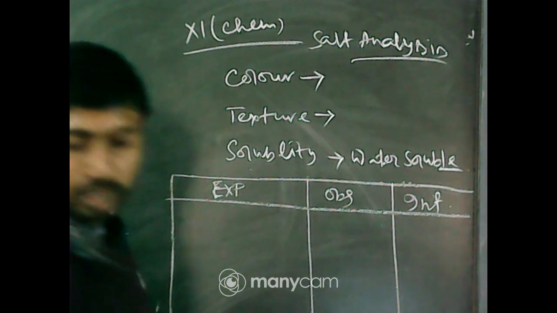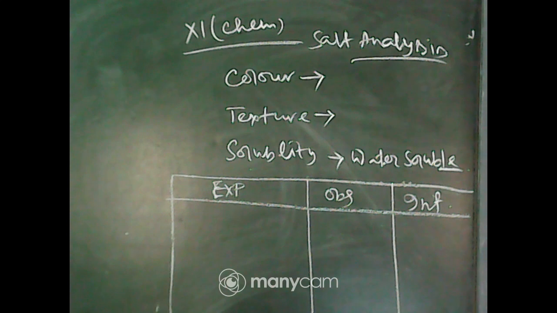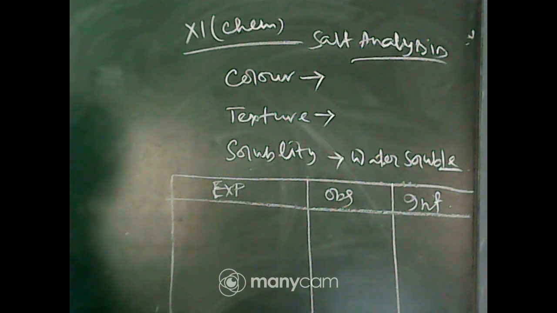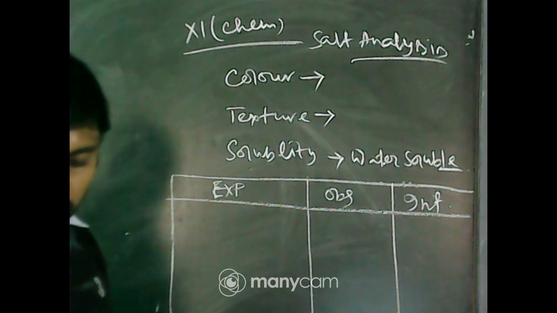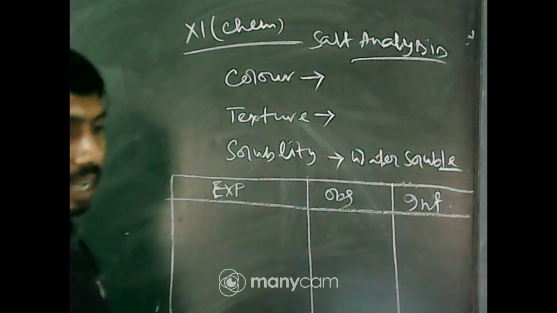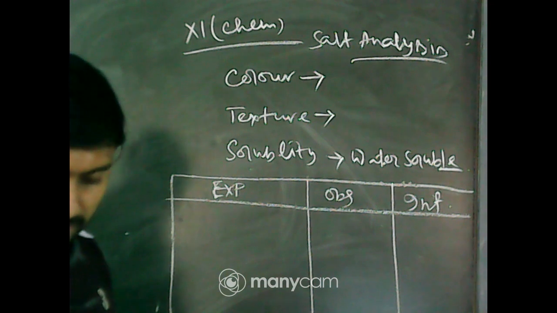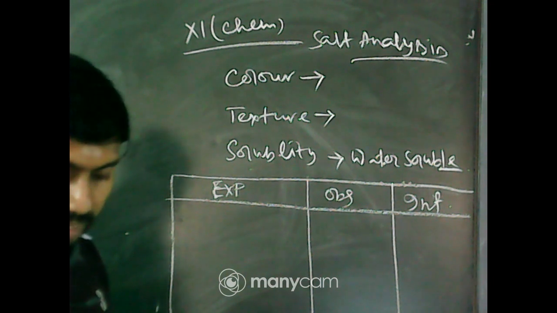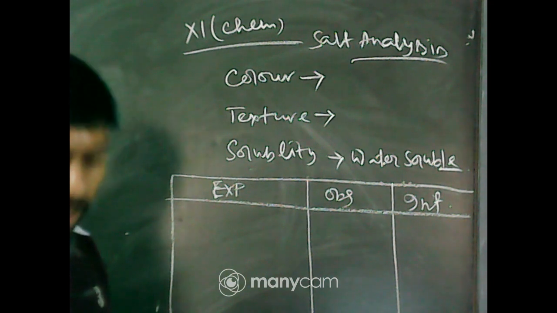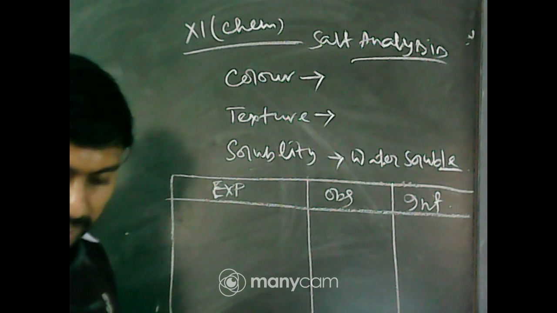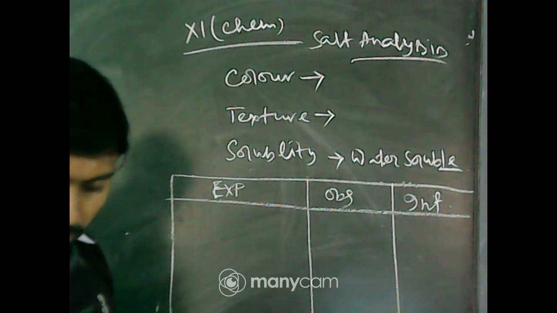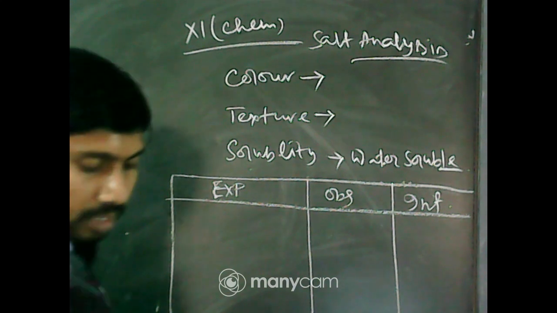First we will take the solid sample in the test tube and then we will do some dry tests. What are the dry tests? That is sample plus some reagents will be added on that. So, first of all, dilute sulfuric acid should be added.